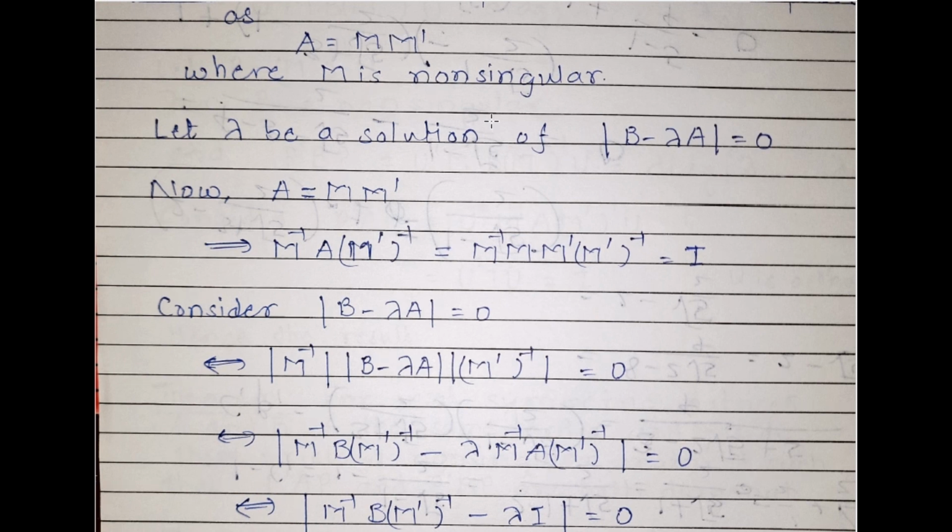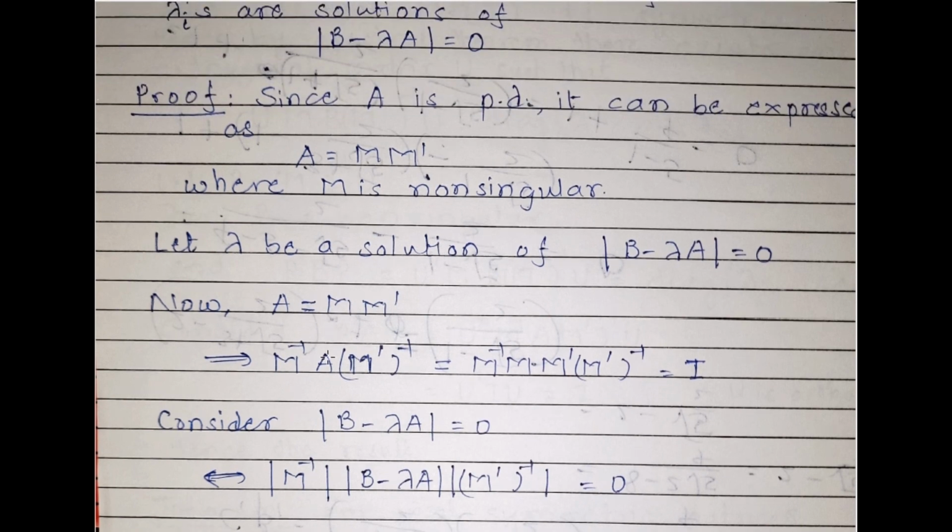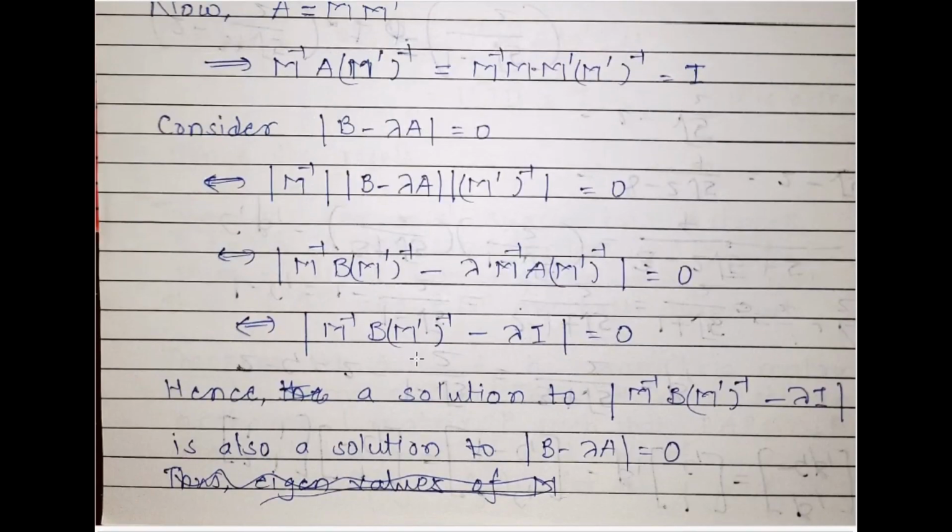To use this identity, I'll pre-multiply this determinant by the determinant of M inverse and post-multiply by the determinant of M dash inverse, so that whatever we did here can be repeated here.